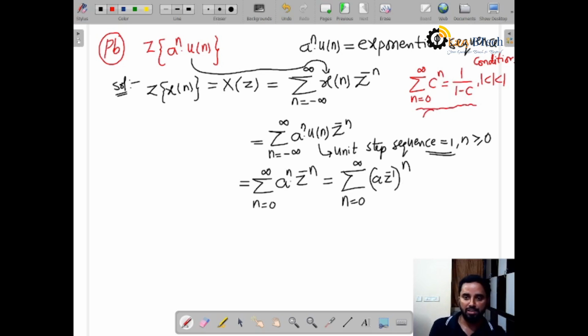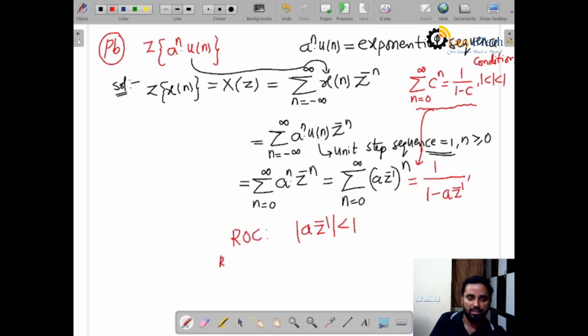So here also the same condition we are going to take, because it is like c power n. This total will become 1 by 1 minus a z inverse. This is possible if magnitude of c is less than 1, so here magnitude of a z inverse is less than 1.